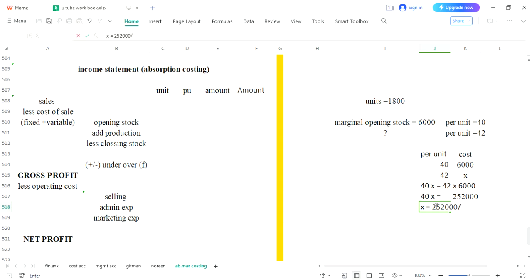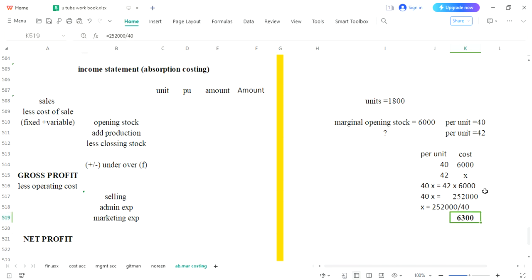When you take it to the right side, it would be divided. Finally, we can calculate our new opening stock: 252,000 divided by 40. So we have got our new opening stock.